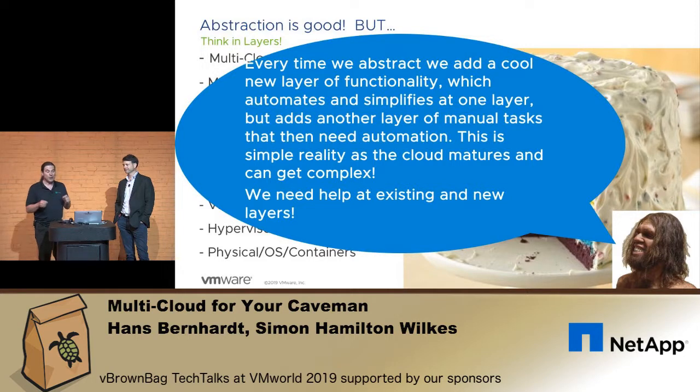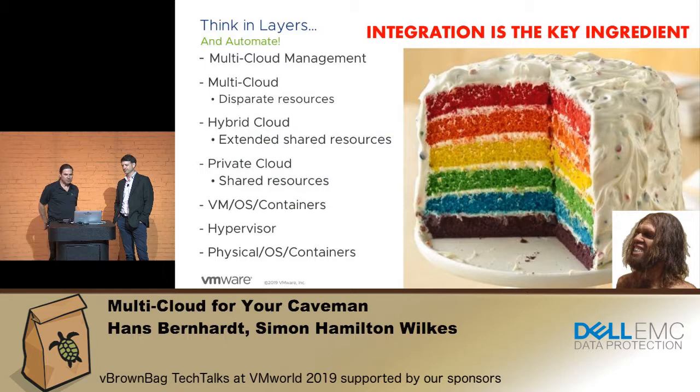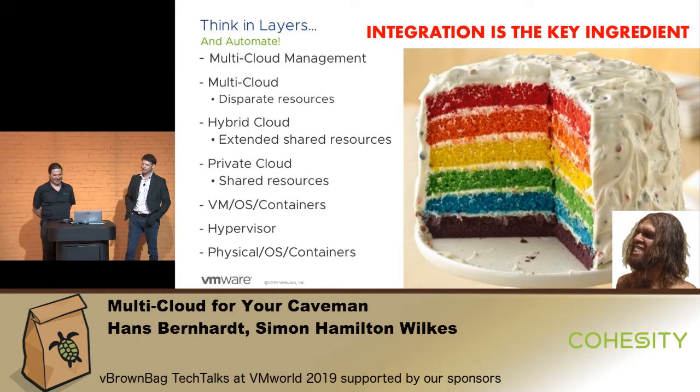Bingo. So we're at the point where we need to put an abstraction layer up above all of these clouds, and we need help at our existing and the new layers. And so integration is sort of the key thing.